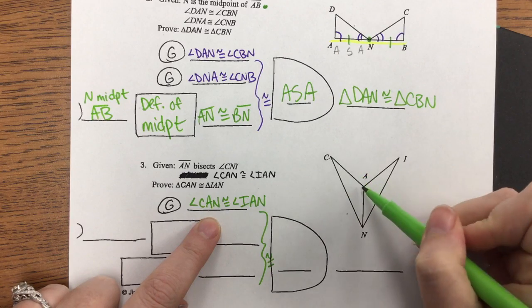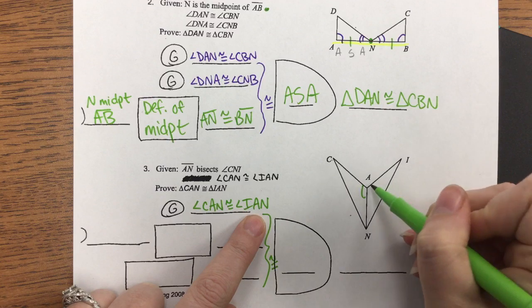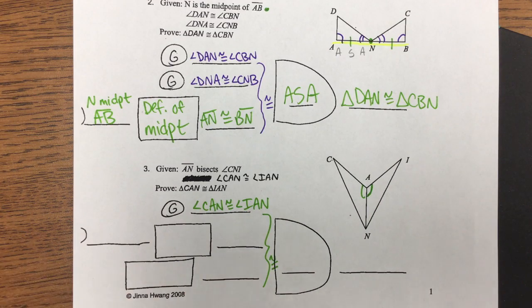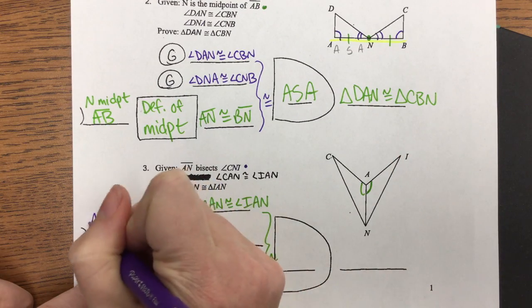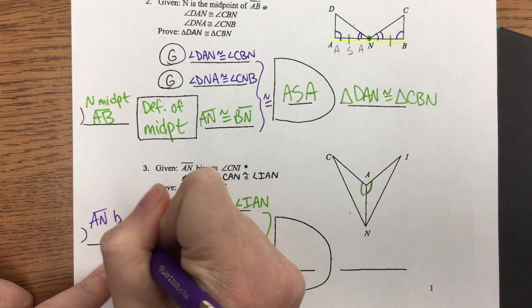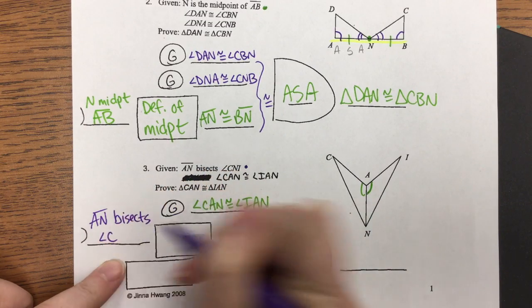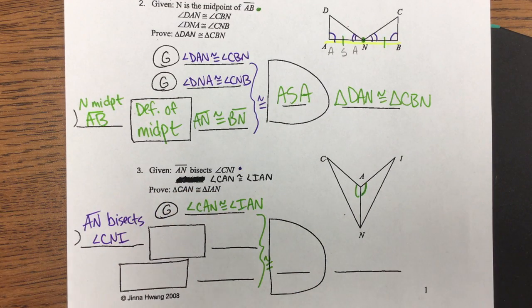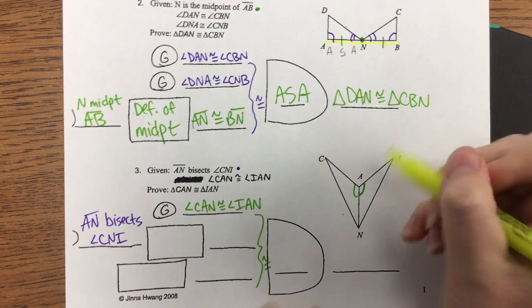So I've got CAN, which is congruent to IAN. And then bisect is my other important piece. So I'm going to highlight that. Where are we looking? CNI.